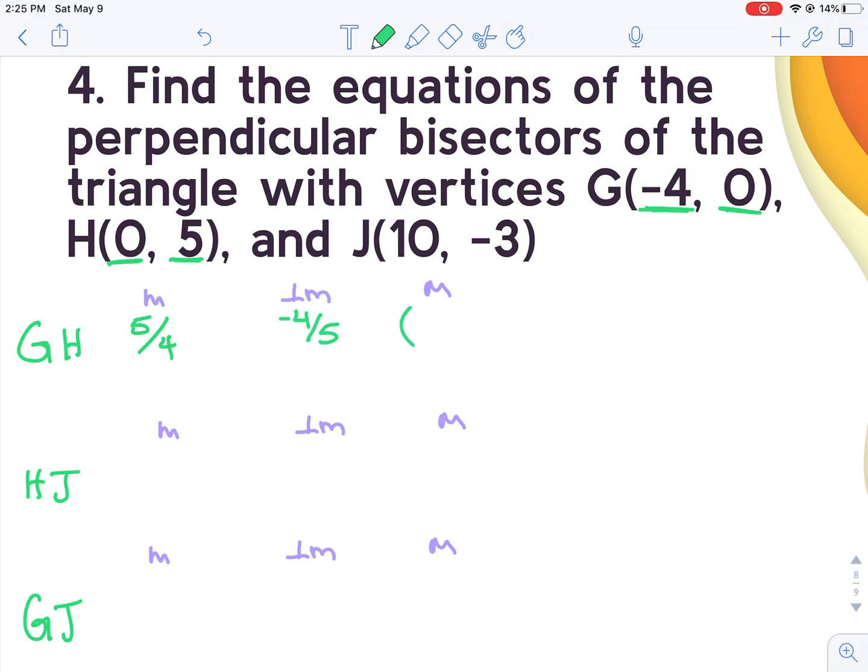My midpoint then, halfway between negative 4 and 0 is negative 2. Halfway between 0 and 5, I'm going to call it 5/2. I'm using this slope and this point to write an equation. So I have y minus 5/2 equals negative 4/5 times x plus 2, because minus a negative 2.